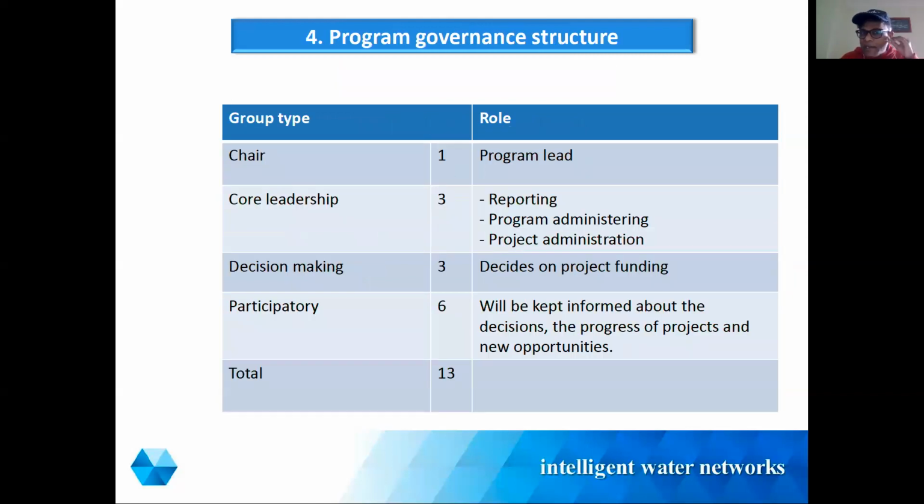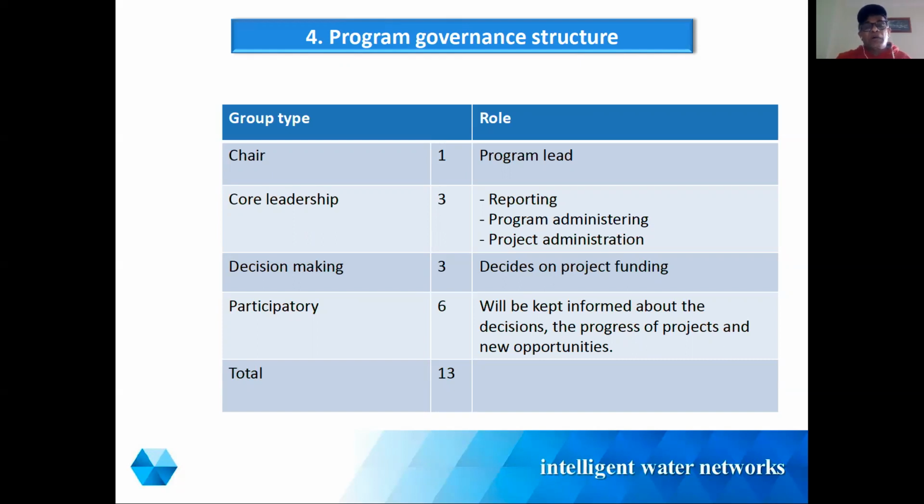We recently had this discussion in November, which is listed in the terms of reference, about the governance structure. We have the chair, which is the program lead. This is myself now. And we have 3 different types of groups, if you like. The core leadership group, responsible for reporting, program administration, and project management.